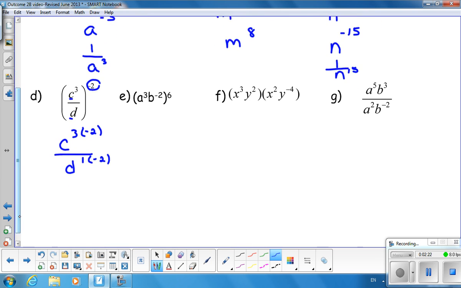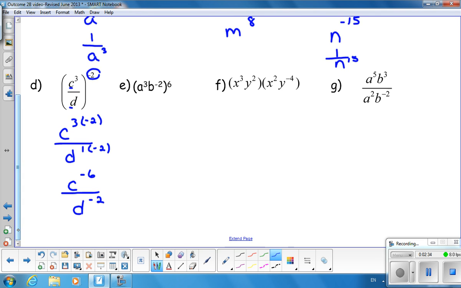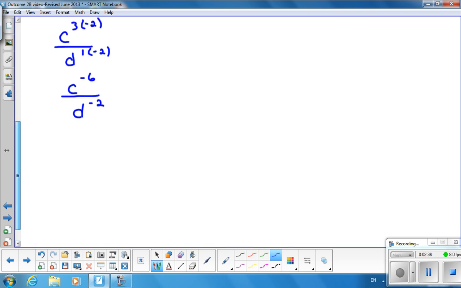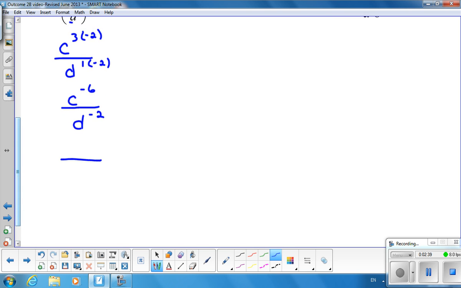Well, 3 times negative 2 is negative 6, and in the bottom, 1 times negative 2 will give us d to the negative 2. We want to write with positive exponents. So the negative 6 means take the reciprocal of c. So that's going to become 1 over c. So our c is going to move into the denominator and have now a positive exponent of 6. The d also has a negative exponent, so it's going to move into the top and become positive 2.